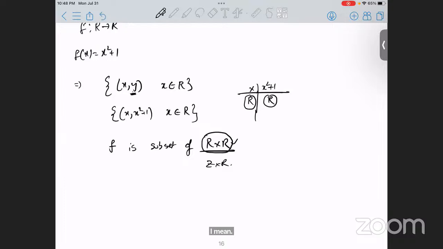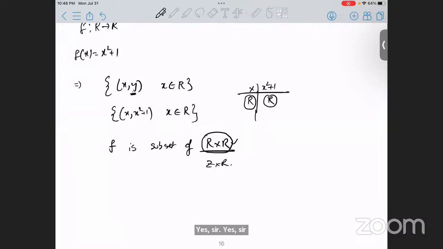I have a doubt in the 4th statement: g of x equals 1 upon 1 plus e raised to the power x gives a bijection from R to the closed interval 0, 1. Is this statement correct or not, and what does it mean?